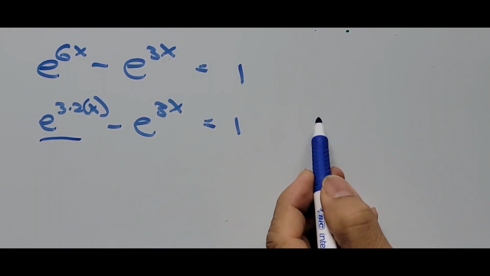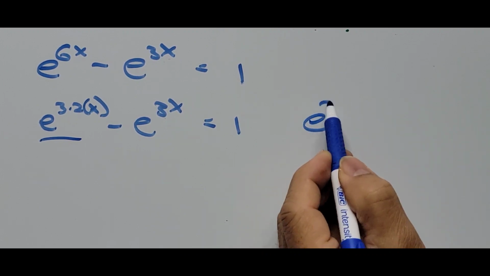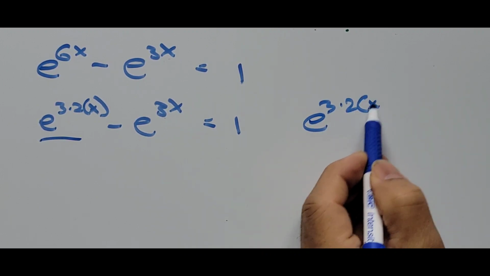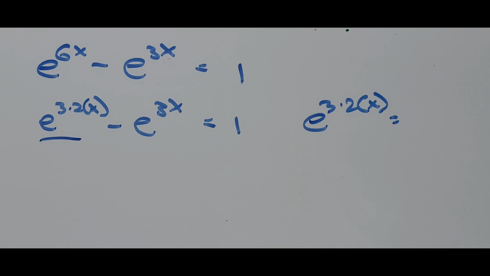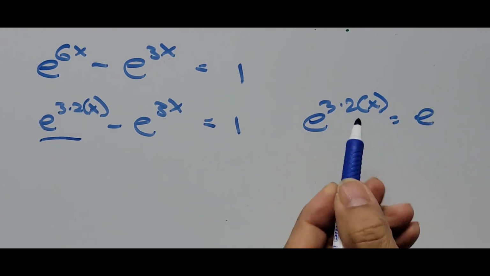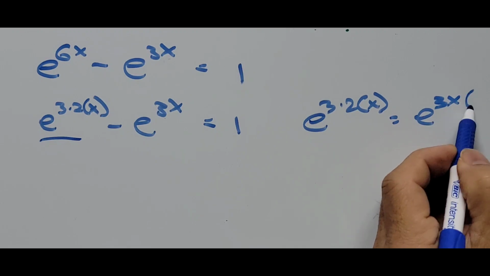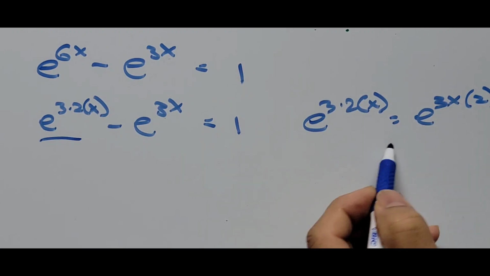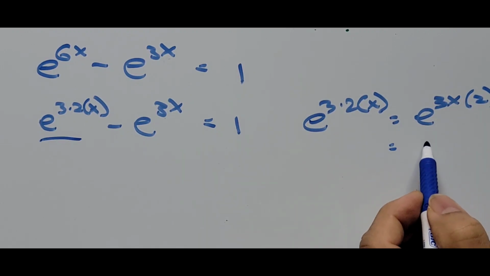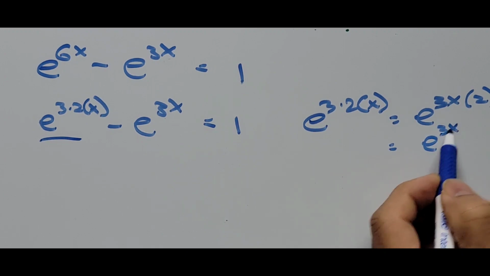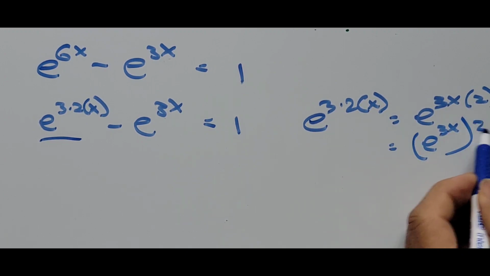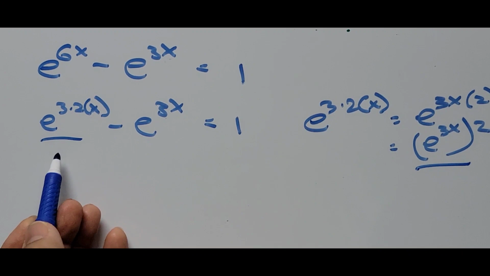So let's isolate that over here. e to the power of 3 times 2 times x could be written as e raised to the power of 3x multiplied by 2, or this could also be written as e to the power of 3x raised to the second power. This version will be replacing the first term.